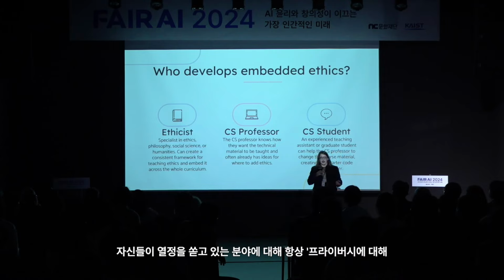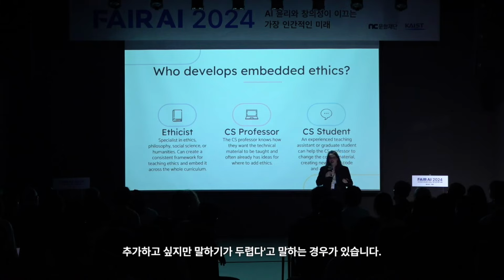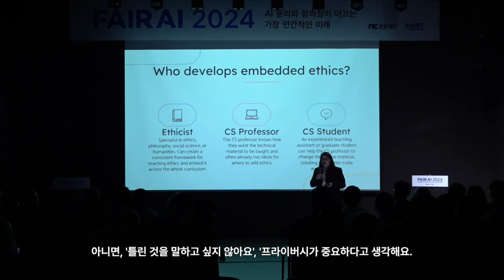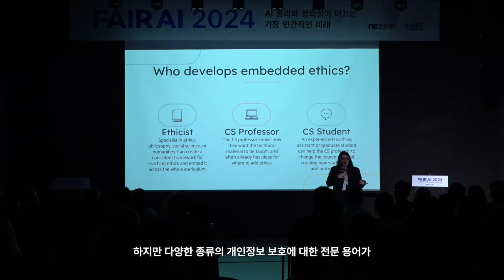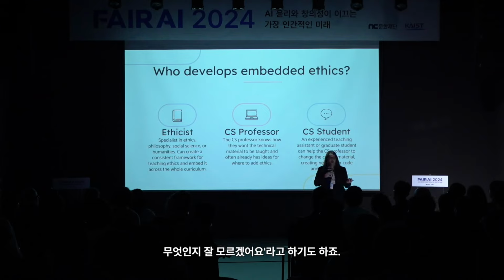There are things that they are passionate about, where they've always said, hey, I've wanted to add something about privacy, but I'm afraid to talk about it, or I don't want to say the wrong thing, or I just think privacy is important, but I don't know, what are the technical terms for different kinds of privacy?